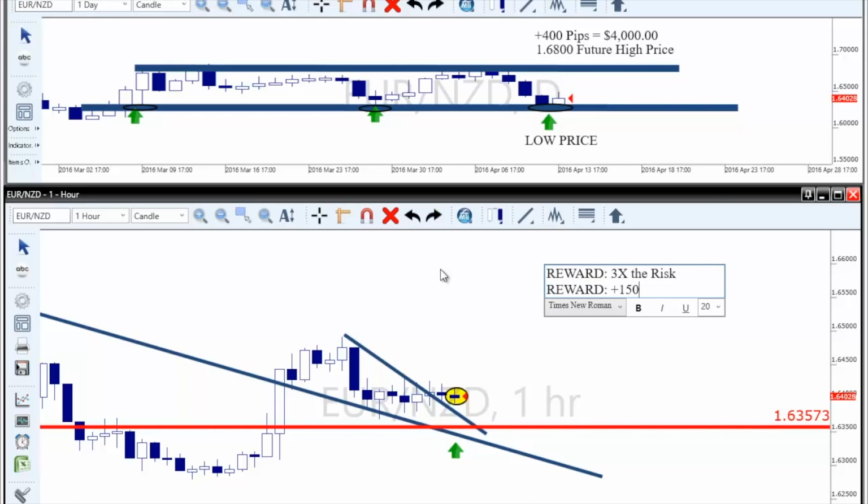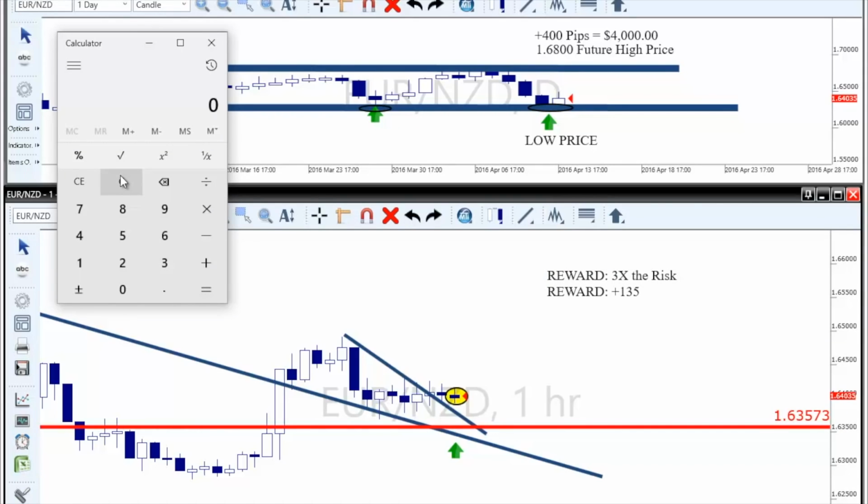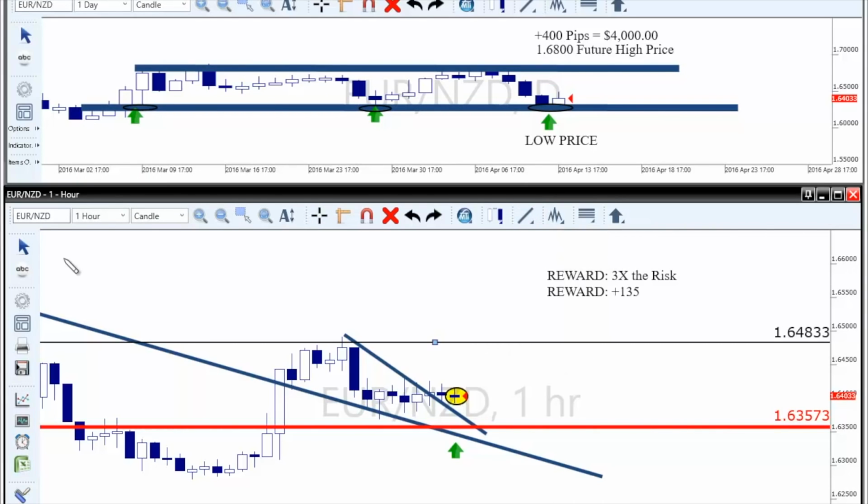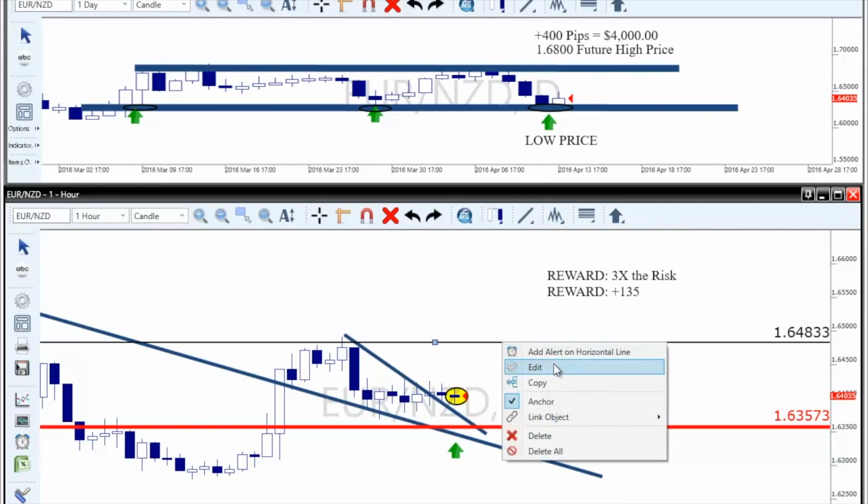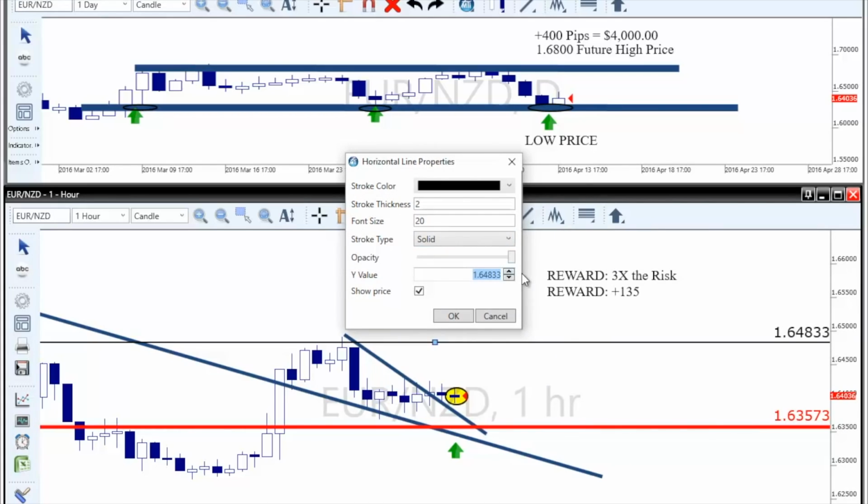Reward will be what? 45 times 3 is 135 pips away. And 135, we're at 1.6402 plus 135, 1.6537. 1.6537. And there's the trade.